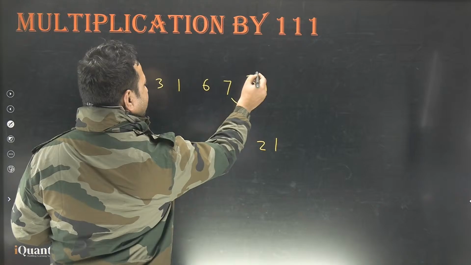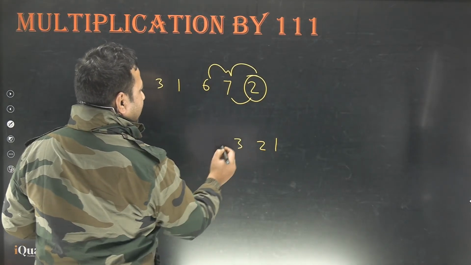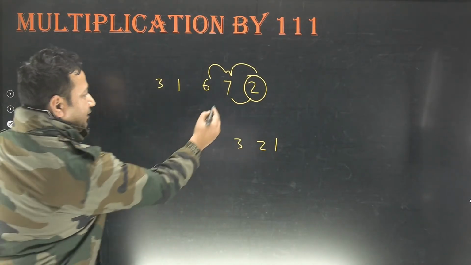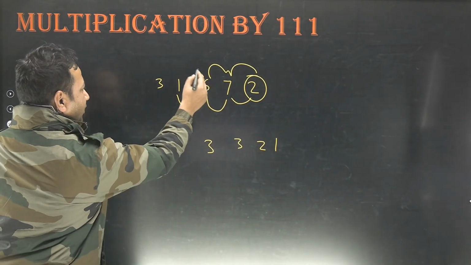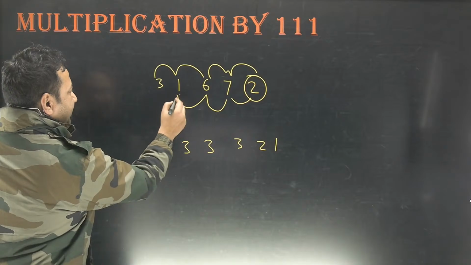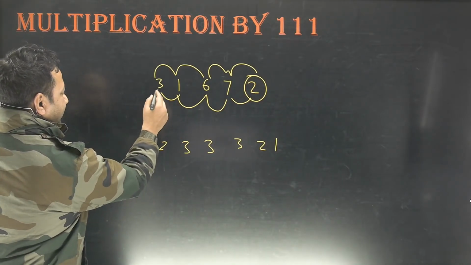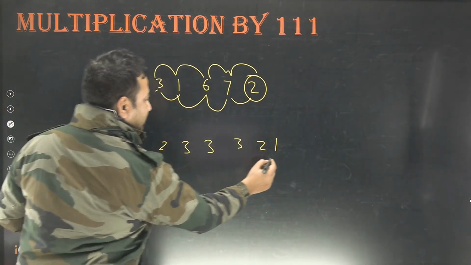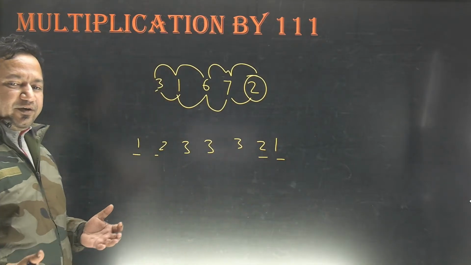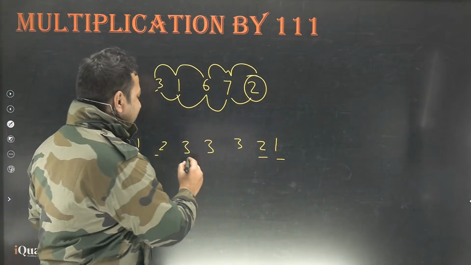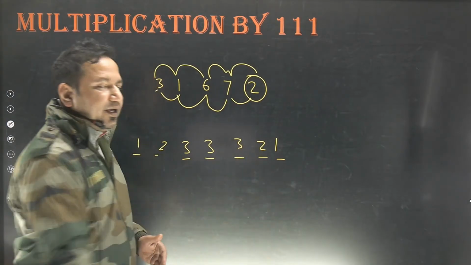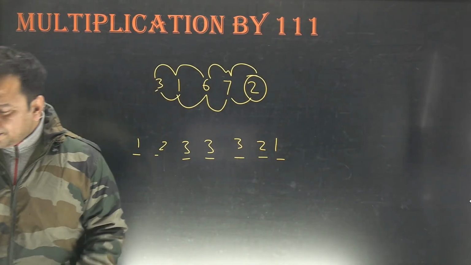Then we can choose 1, 2, 3 digits. Then again we can choose 1, 2 and 3 digits. Again 1, 2 and 3 digits. Then 2 digits and then 1 digit. Is that clear? So look at this. 1 and 2 are mandatory from the extremes, and in between whatever is there, all of it will be 3. Clear?